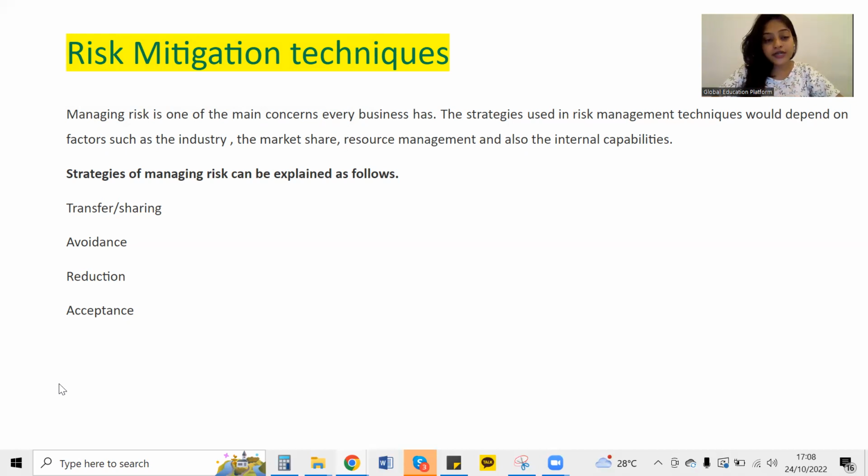When it comes to the strategies of managing risks, it can be transferring, sharing, avoidance, reduction, and acceptance. These are the common forms of it. So let's look individually at how each and every element will be considered when it comes to managing risk.